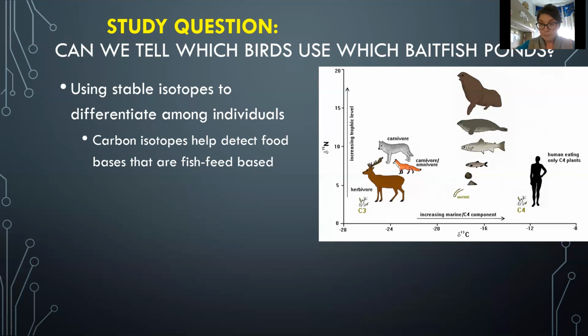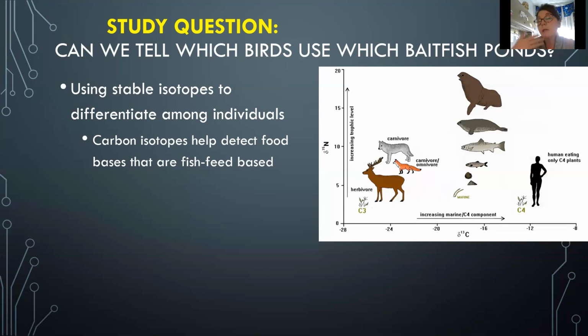And here, when we're dealing with carbon, we can get an understanding of what the base of the food web is going to be. Okay, so if we have C3 plants, which would be something like soy, and soy is used in some fish feeds, we should be able to differentiate fish that are being fed soy-based products as opposed to corn-based products, which would be C4 plants.